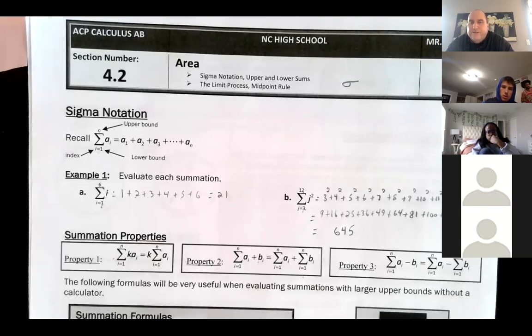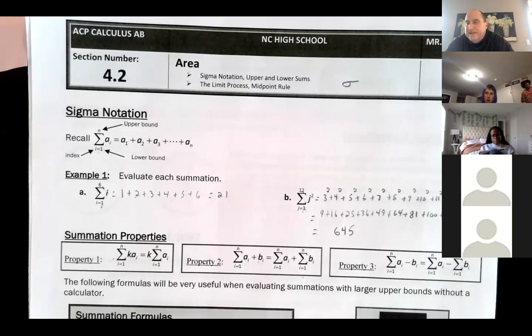We're going to start by using a finite number of rectangles, and then we're going to move to the infinite case, because the more rectangles we use, the more accurate the approximation of the area underneath the curve is. As a matter of fact, it becomes so accurate that for all practical purposes, it is the exact area underneath the curve.